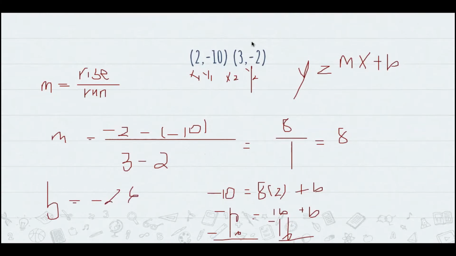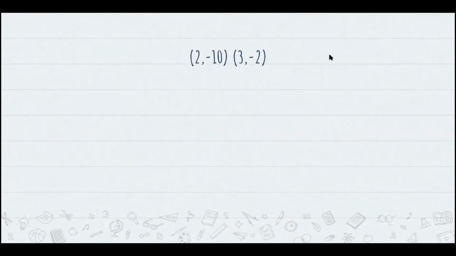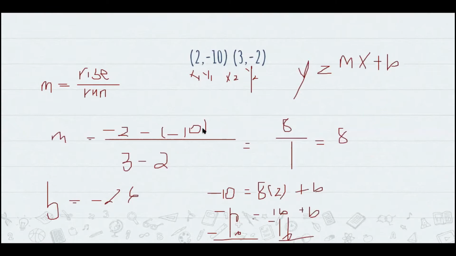Now, using this, I'm going to erase everything. So using this, you know your values. Okay, I'll just write them here. Okay, so what you want to do is use y minus y1 equals m times x minus x1.